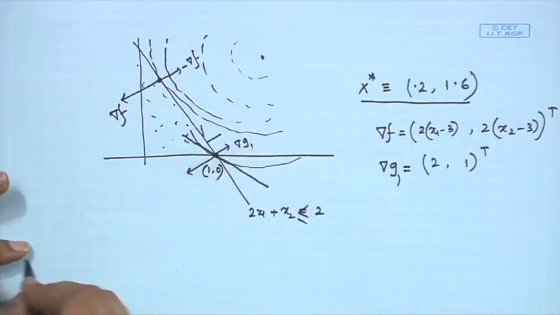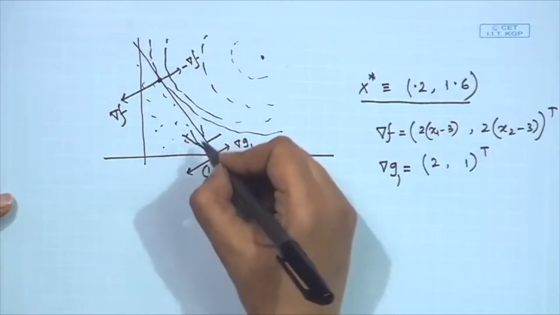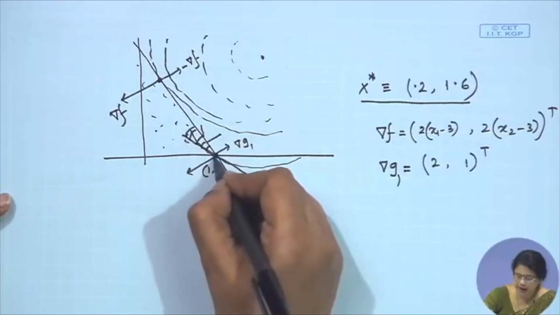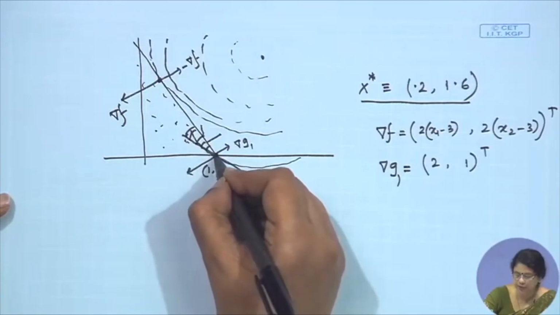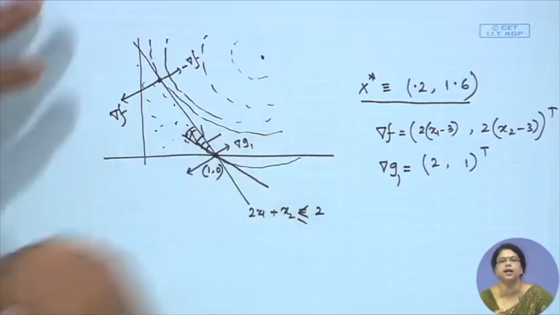Here we are having 3 constraints. What are the half spaces we are getting? Half spaces we are getting at this point, one from G1, one from G2 and one from G3. And that is why we can say this is the feasible direction at this point. From here if I move in any one of these directions, I will be in the feasible direction.